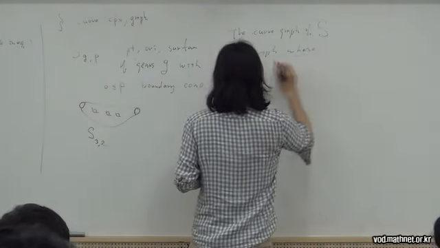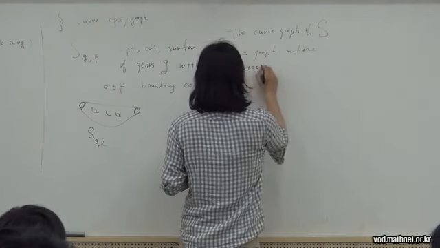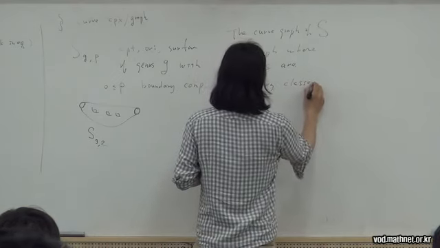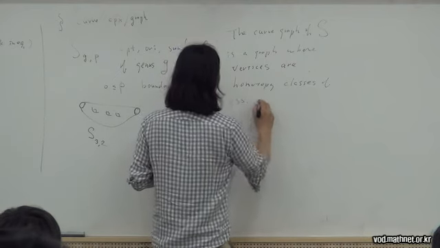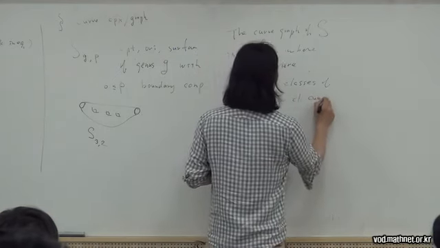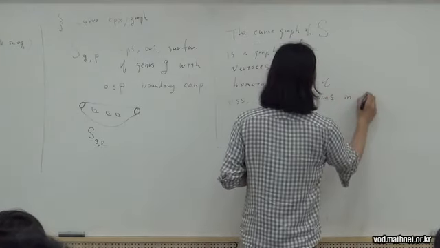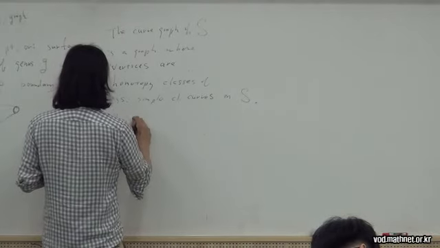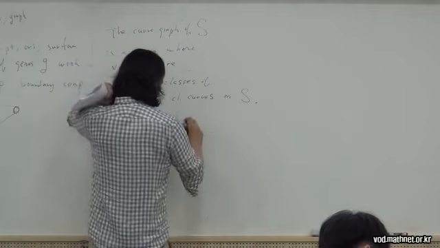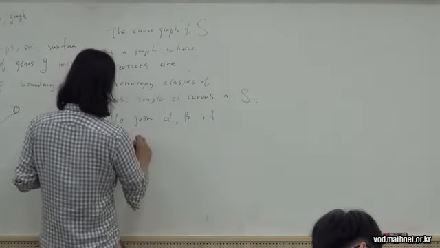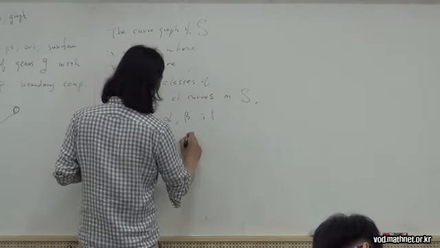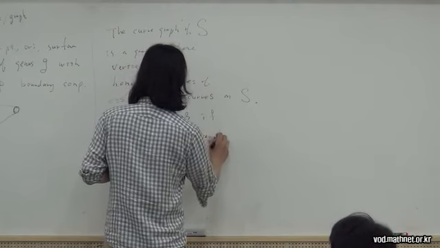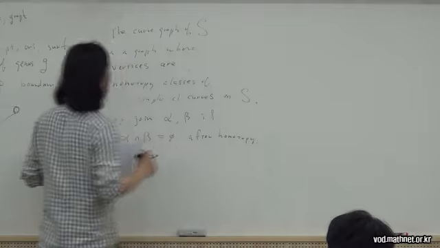The vertices are homotopy classes of essential simple closed curves on S, and we join alpha and beta if they don't intersect, up to homotopy.